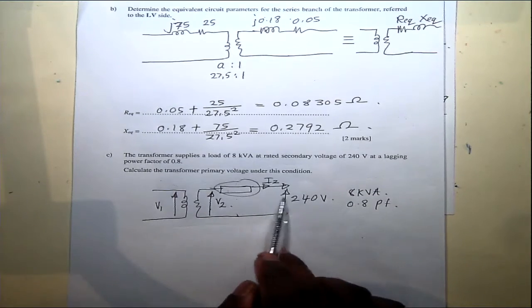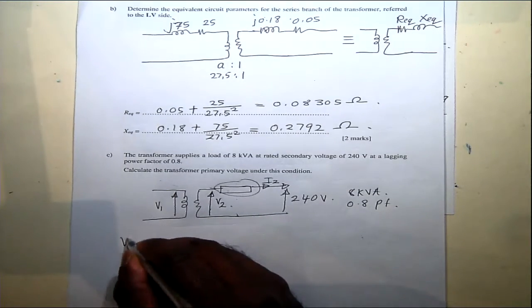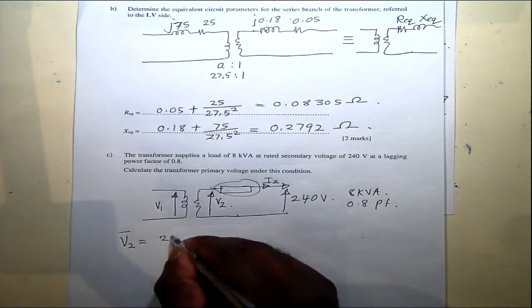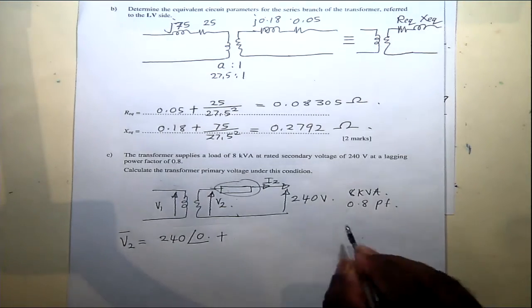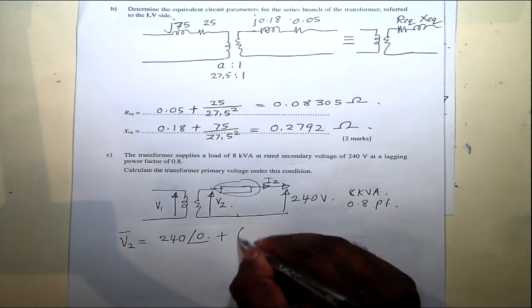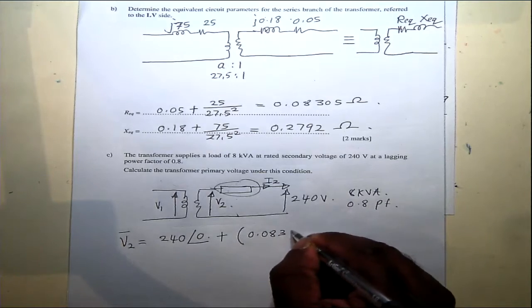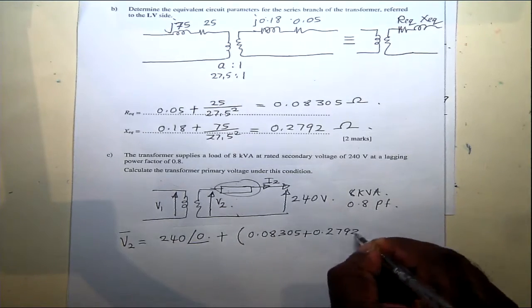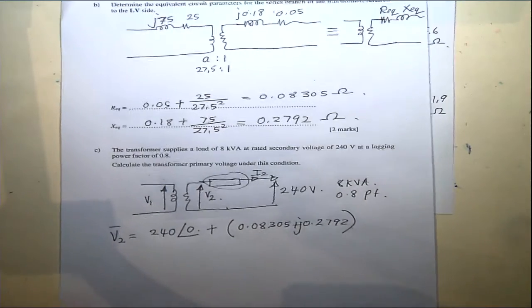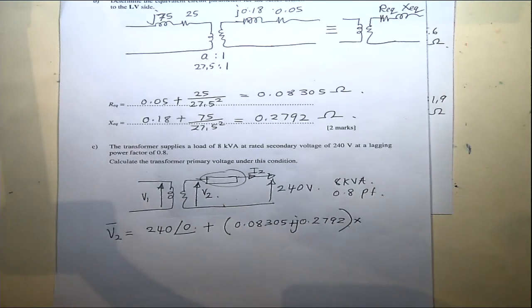So if we write this, we have the V2, that's 240, that's our terminal voltage on the secondary, plus the voltage drop across the impedance here, which is 0.08305 plus j0.2792. That's the transformer impedance times the load current. So we need to figure out load current. We have the voltage, we have the kVA value.